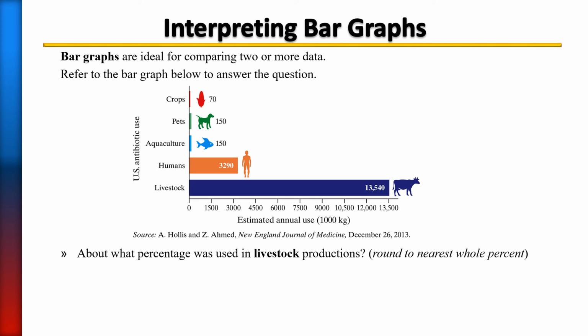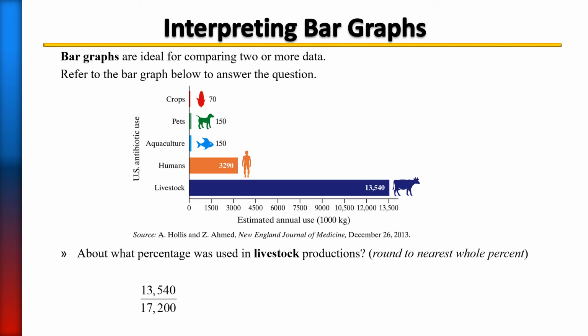What you're going to have to do is add up all your categories of antibiotic use, and that's going to be on your bottom for your total. On top, you're going to have the part that you're looking for, which is the livestock, and that's 13,540.